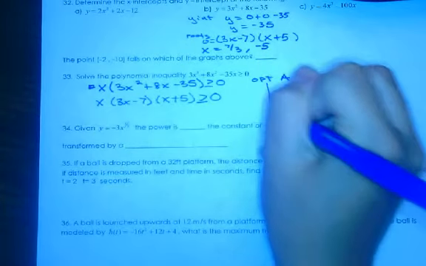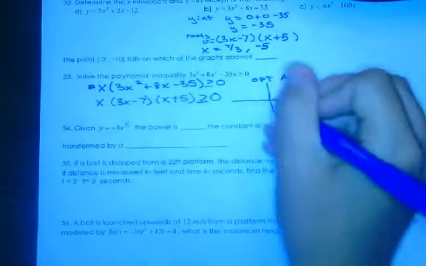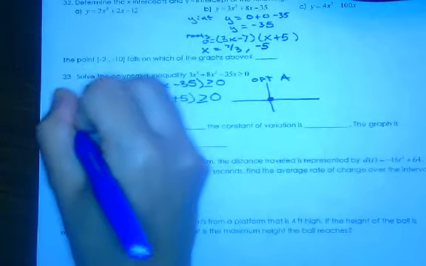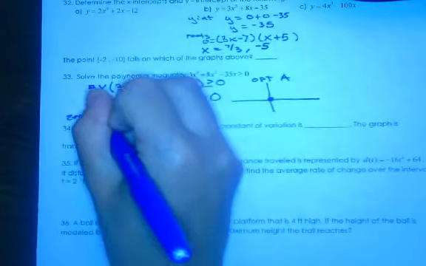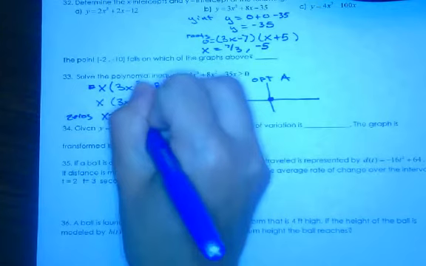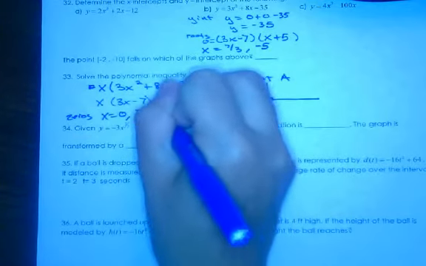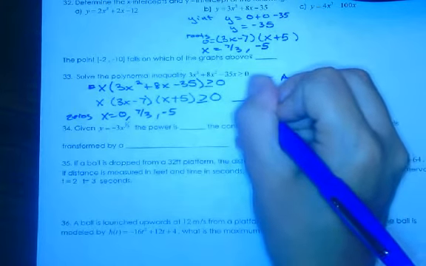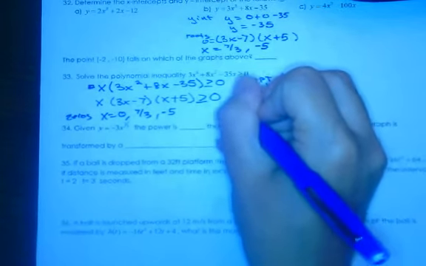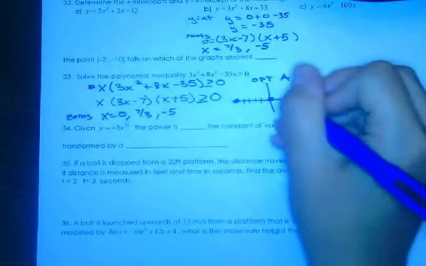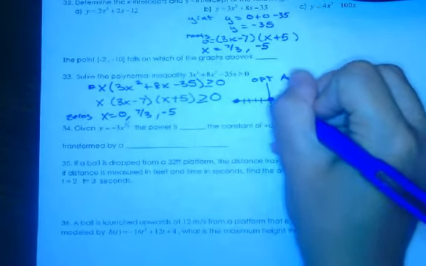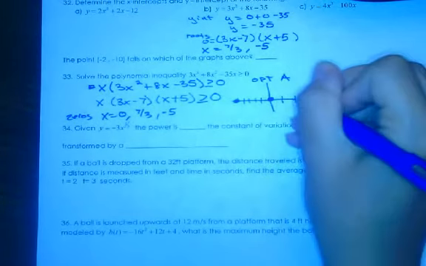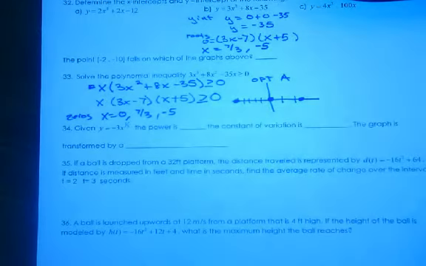So when I go to graph this, I know my zeros, or my roots, are at x equals 0, 7/3, and -5. So at 0, we'll go 1, 2, 3, 4, -5, and 7/3 will be just over here somewhere, just a little bigger than 2.